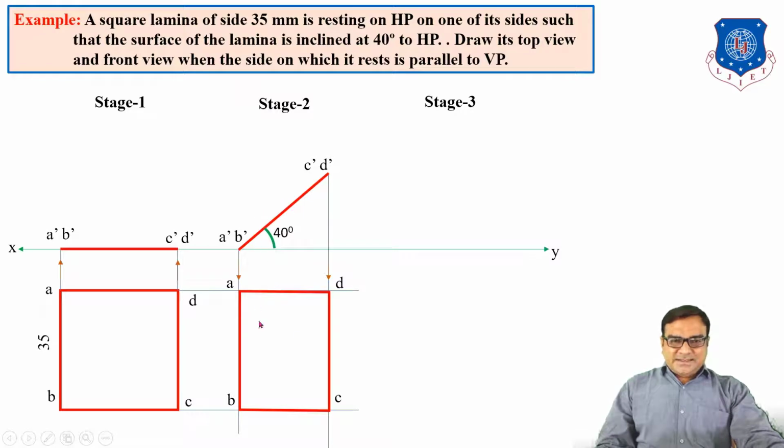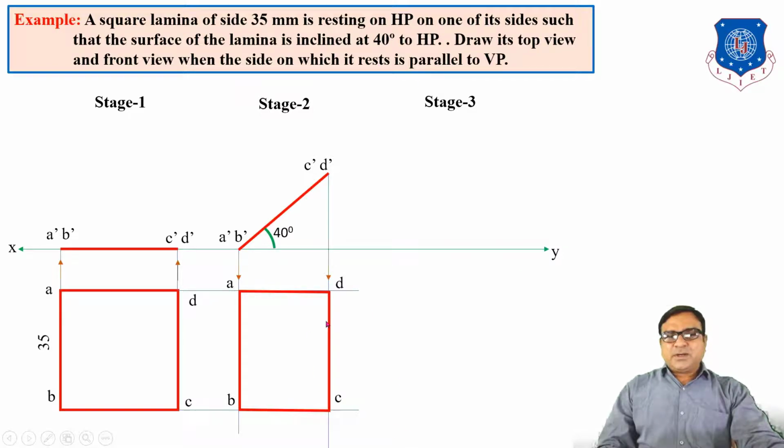So in stage 2 you can see that here one side AB is in HP, and from the top view you can say that this line AB is perpendicular to VP, but we want that side to be parallel to VP.